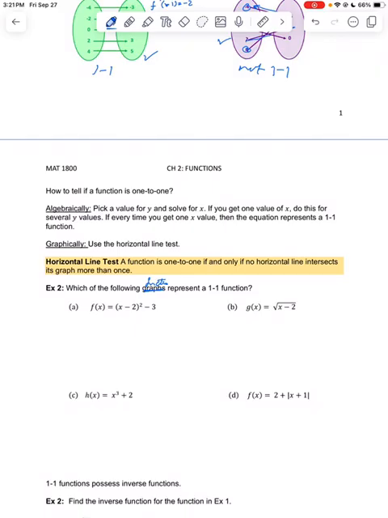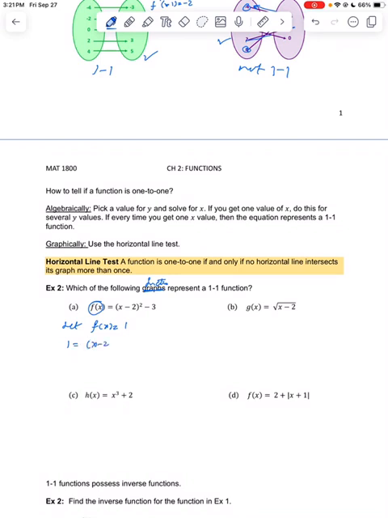Or, as I said, let's try doing this one by picking a value for y. Let y, or f of x, equal 1. So I place 1 for f of x, and I get 1 equals (x minus 2) squared minus 3.